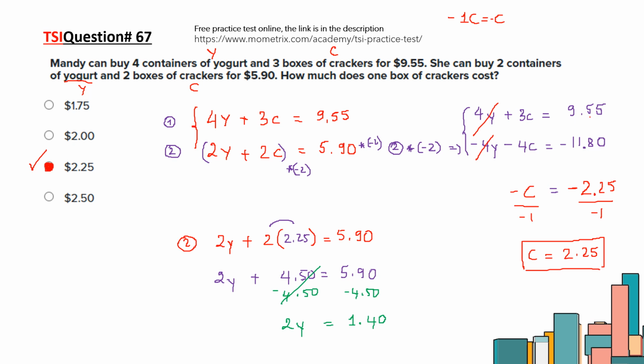Now to find one container, we divide by 2. So one container of yogurt costs 70 cents, or $0.70. This is for y.